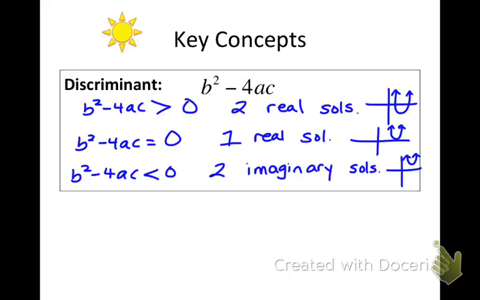Do we need to practice determining what your discriminant is? Why can't it just be 0 instead of 2 imaginary? Well, it's 0 real solutions, which means that we're going to have 2 imaginary solutions. We need to start thinking about imaginary numbers in our minds.